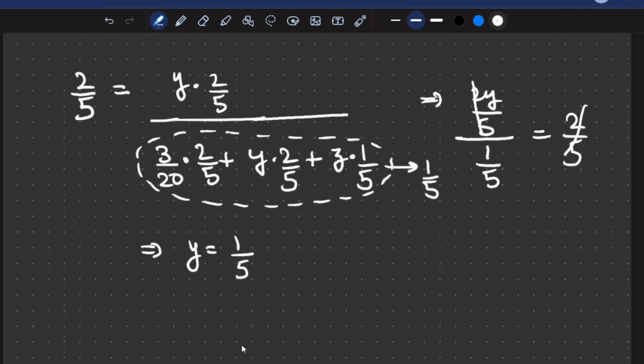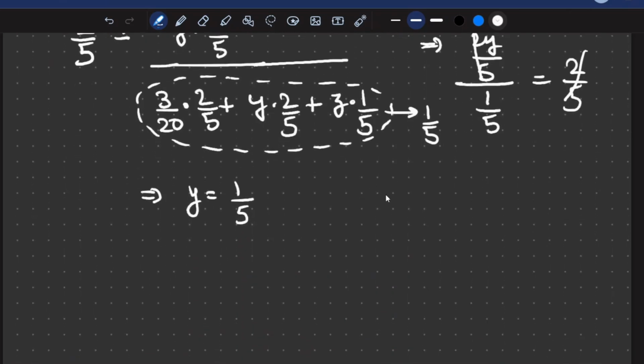Okay. Now, since I said this whole thing is 1 by 5, the probability of defective itself from the total probability theorem, I get that 3 by 20 into 2 by 5 plus 2 by 5 into y, that is 1 by 5, plus z by 5 is equal to 1 by 5.